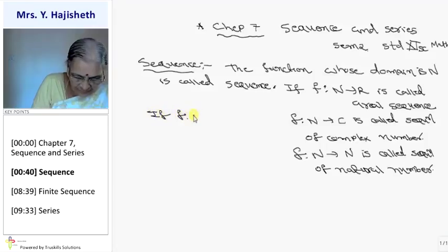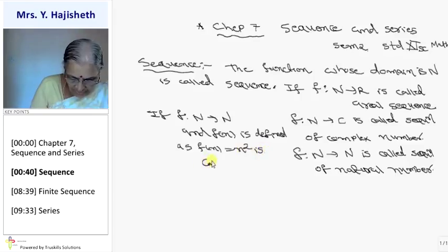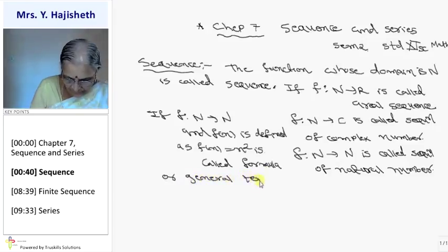For example, if f is a function from N to N, and f(n) is defined as n square, then f(n) is called the formula or general term of the sequence.